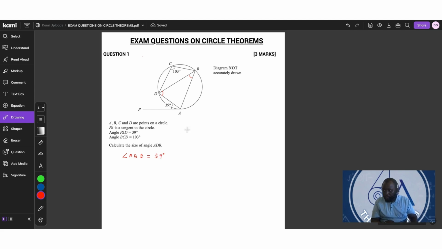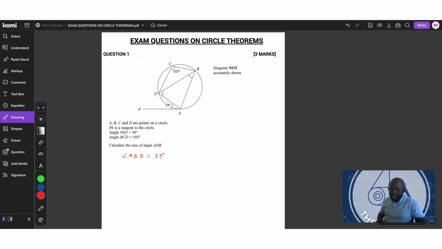And we know the reason for that is angles in opposite segments are equal. The exterior angle to the tangent is equal to the angle in the opposite segment. All the theorems we are talking about here, you will find in the previous video where we talked about them. So ABD is 39 degrees.